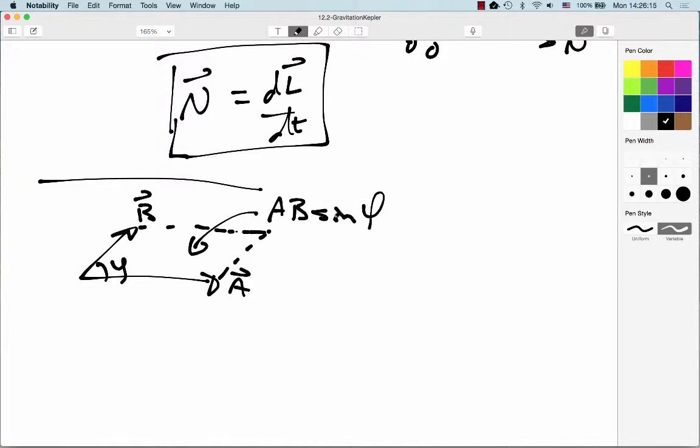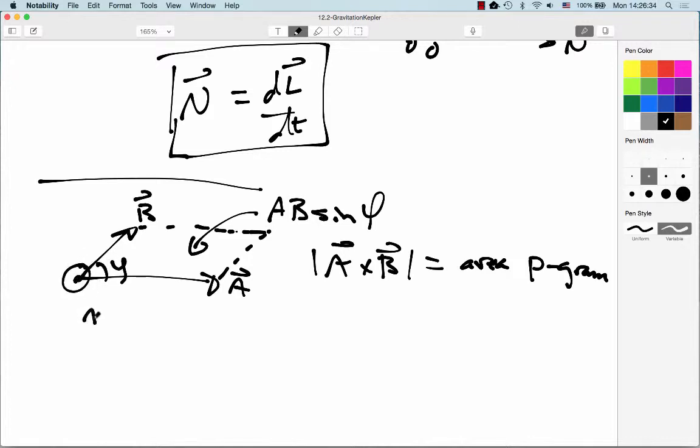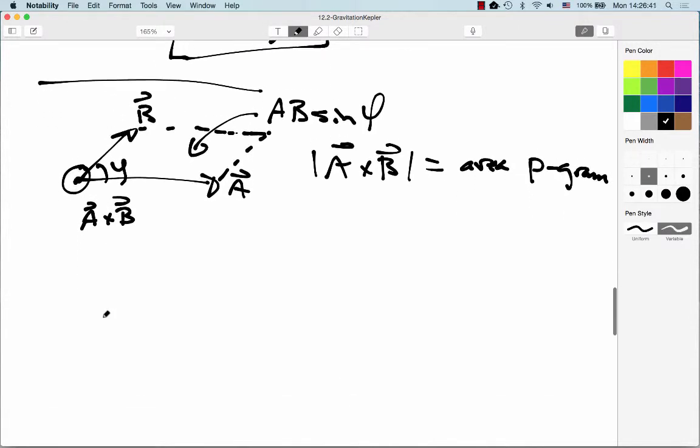So we can interpret the magnitude of the cross product as being equal to the area of the parallelogram that gets defined by A and B. And for what it's worth, A cross B, you should convince yourself, points out of the page.